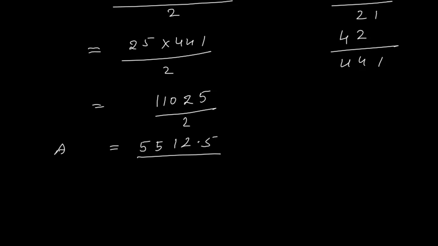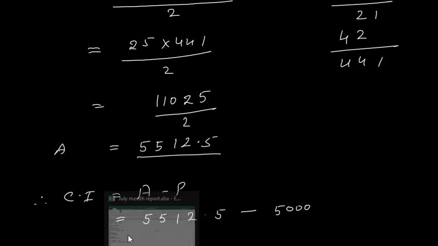So compound interest is amount minus principal. So this is equal to the amount, we will write 5512.5 minus 5000.